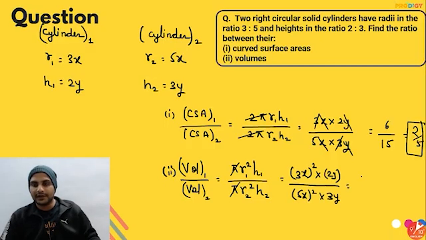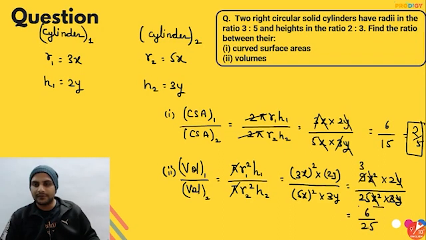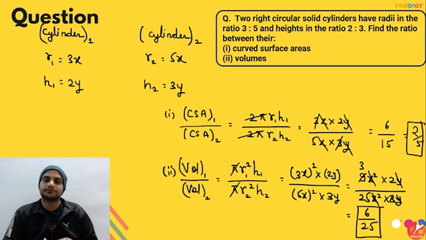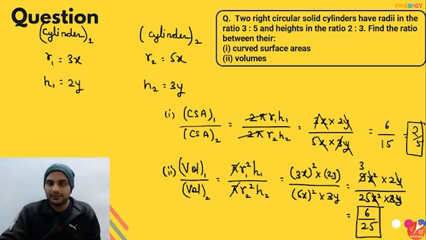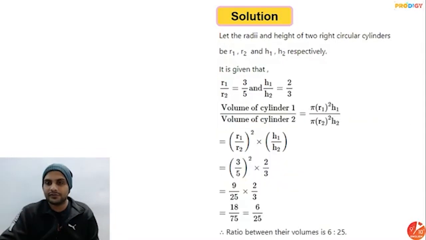So what you'll be getting? You'll be getting 9x square into 2y divided by 25x square into 3y. y to y cancelled, x square to x square got cancelled. Anything else getting cancelled? No. So that is 3 2s are 6 by 25, right? This will be the ratio of their volumes. Pretty easy. So ratio of the curved surface area is 2:5. Ratio of the volume is 6:25.